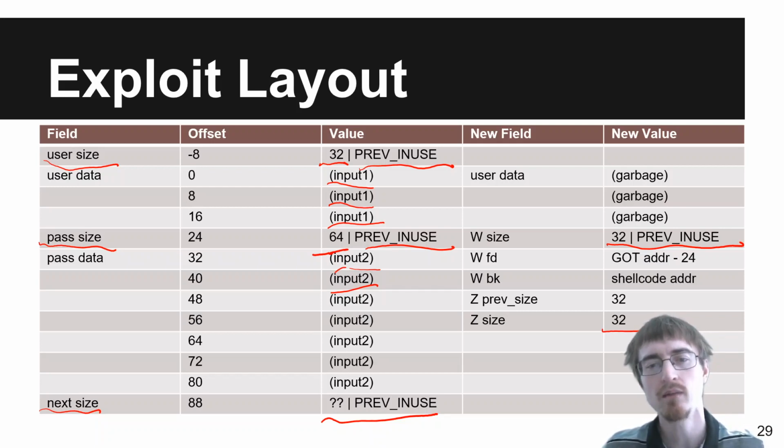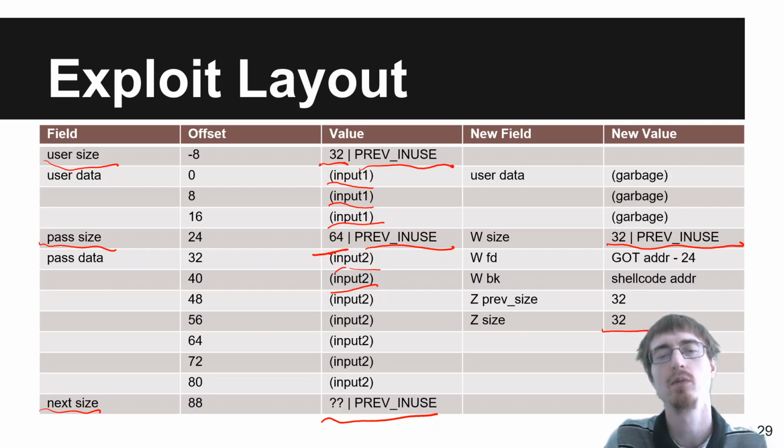So we set the FD and BK pointers to perform the write that we want. In particular, the FD we use to set the location where we're going to write. However, we need to subtract 24 because as we saw, this was the offset of the field in the struct. So this is the offset of the BK field, just to be clear.